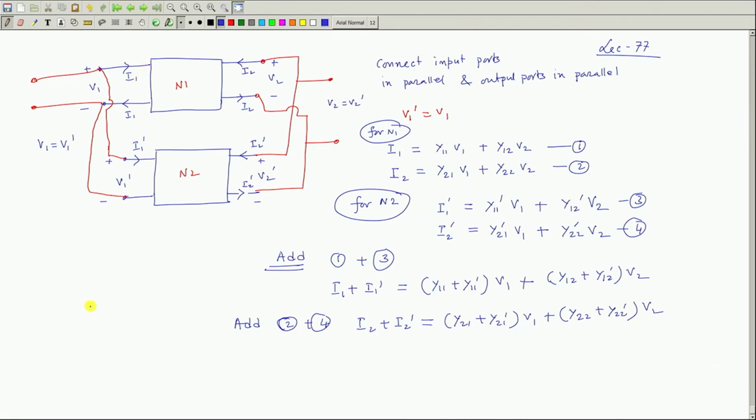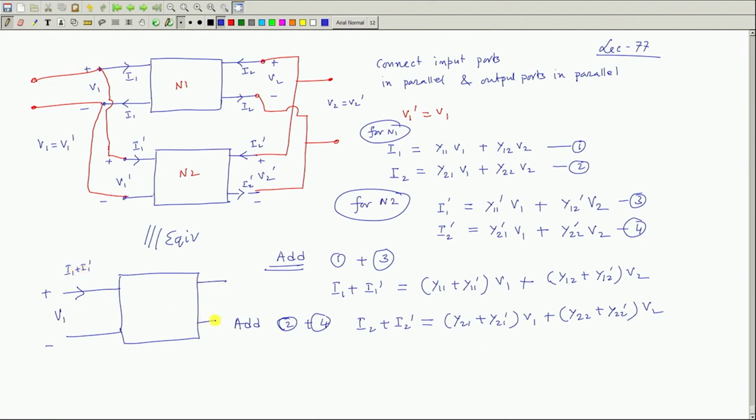Therefore, this whole network can be considered equivalently as a single two-port network whose input voltage is either of these voltages V1, plus minus, and the input current of this is I1 plus I1 dashed.